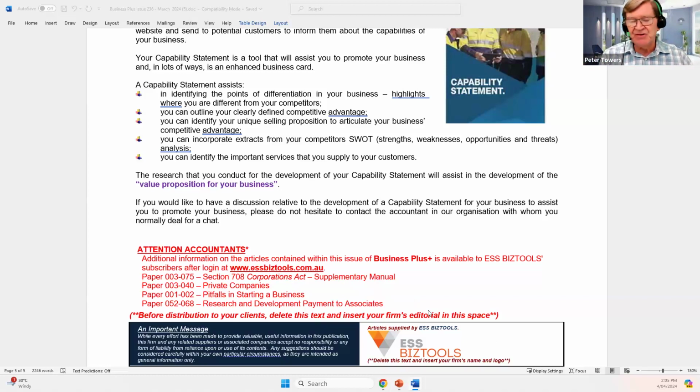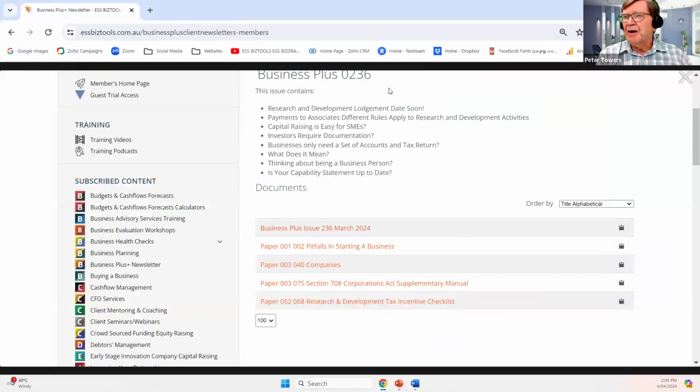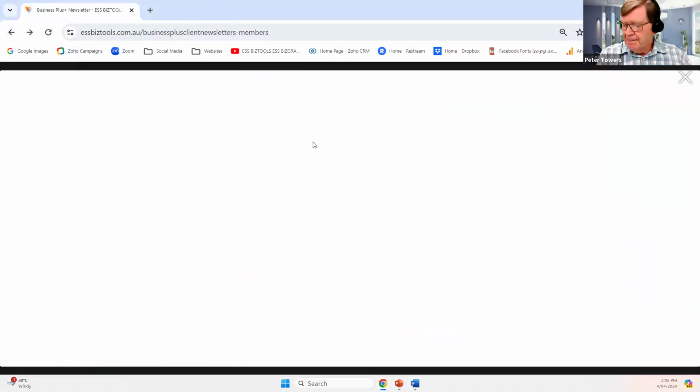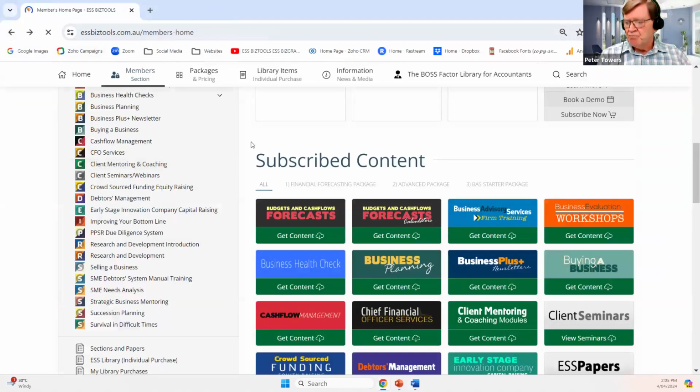You can have your own message there. You can attach some additional pages if you want to. Some people put at various times an extra 2 pages because they want to talk about issues confronting the business. That's the newsletter, which is uploaded to our website on the second Friday of a month, and you can then access it.